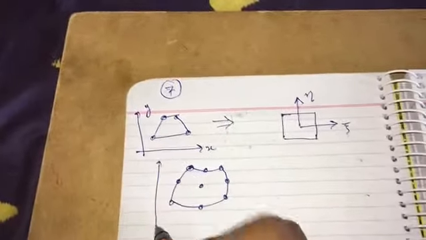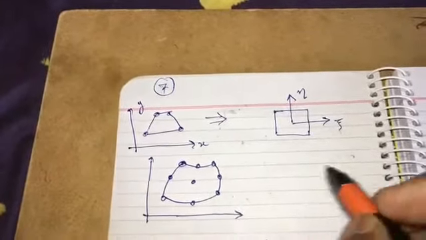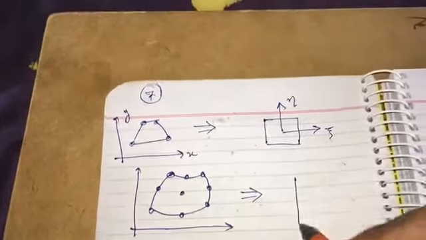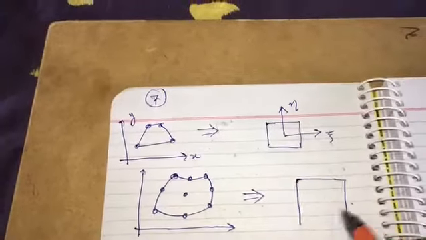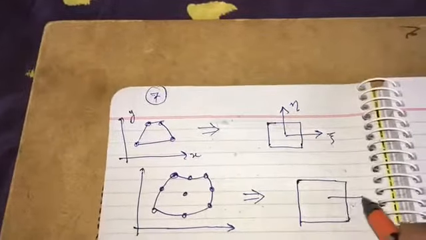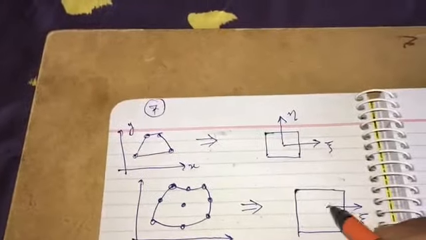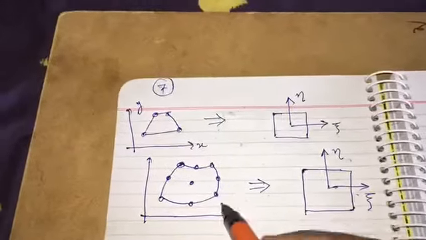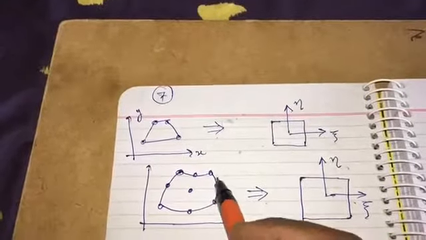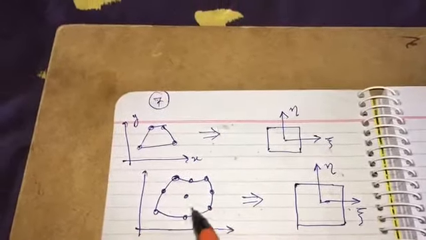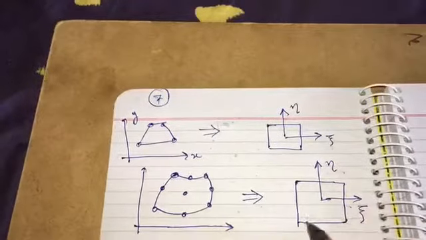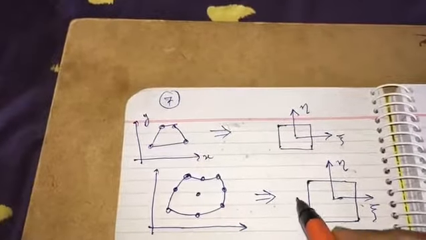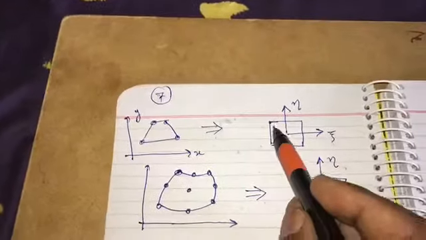So this very element can also be expressed as a square element in xi eta system. We can transform this very irregular shape into a square shape just by transforming in the similar way that we did earlier.